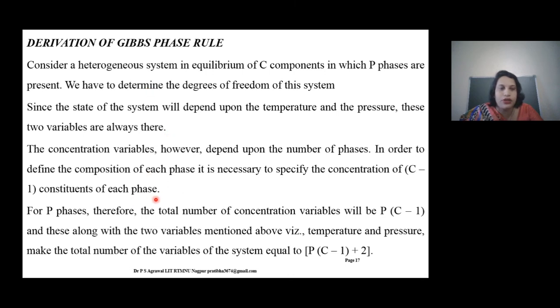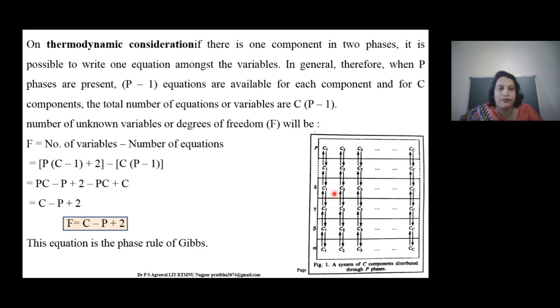Now, on thermodynamic consideration, we will define a system in which we take P phases, and in each phase, suppose C types of chemical constituents are present. All the entities are present in all P phases.